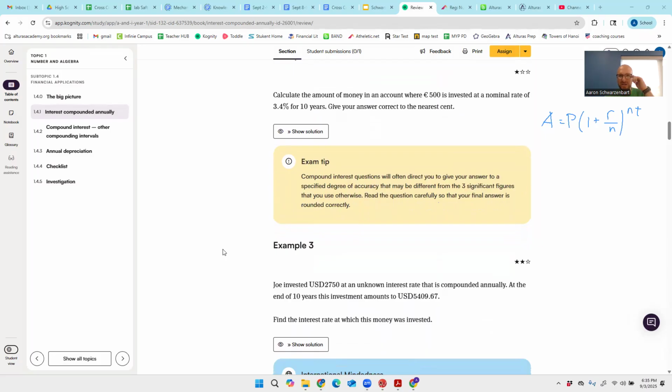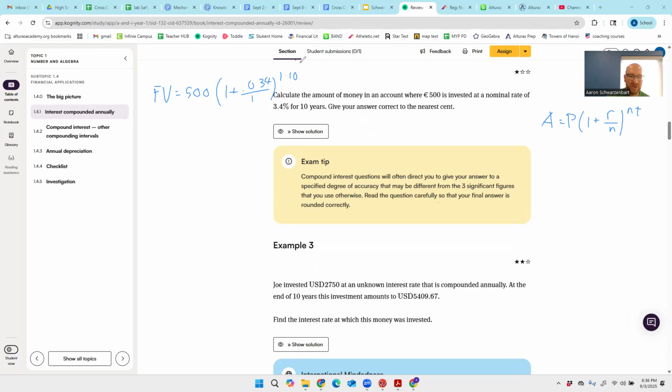So here, calculate the amount of money in an account where 500 euros is invested at a nominal rate of 3.4% for 10 years. Give it correct to the nearest cent. So FV, for future value, is the present value of 500 times (1 plus 0.034 divided by 1) to the 1 times 10.